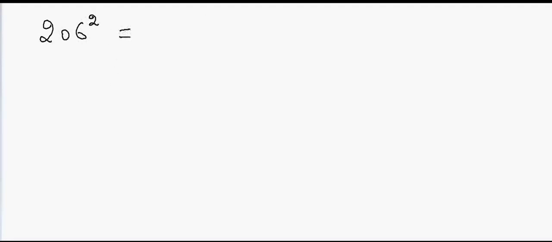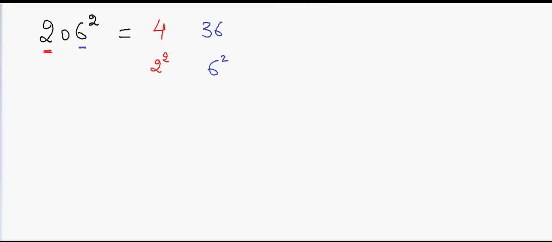In that case, first I'll look at the first digit, and I will take a square of the digit. So the square of 2 is 4. Then I'll take the last digit and I'll take a square of that digit. So the square of 6 is 36, right?